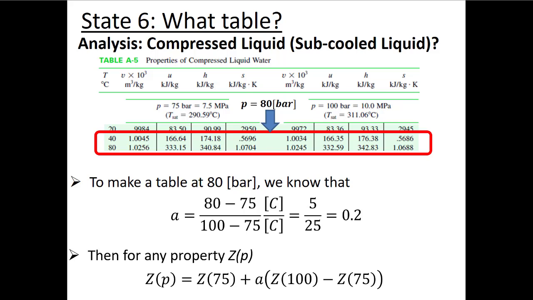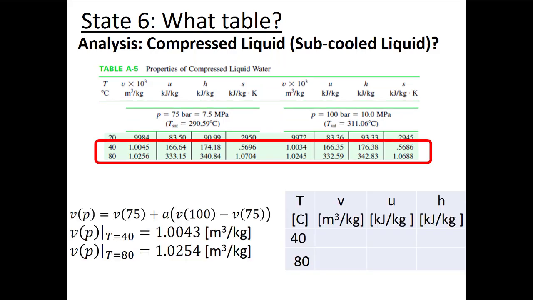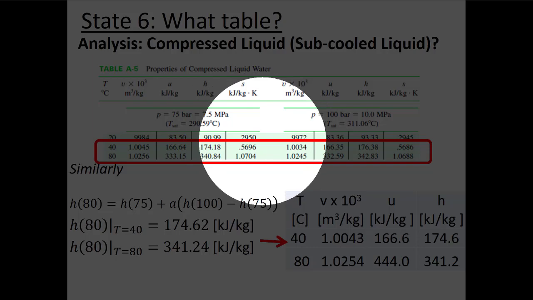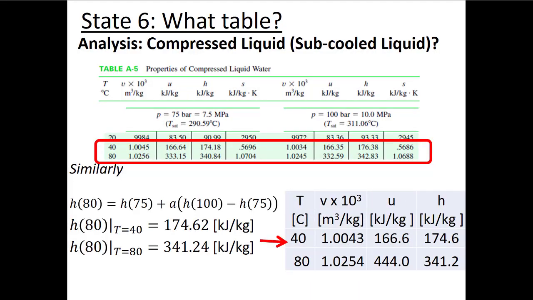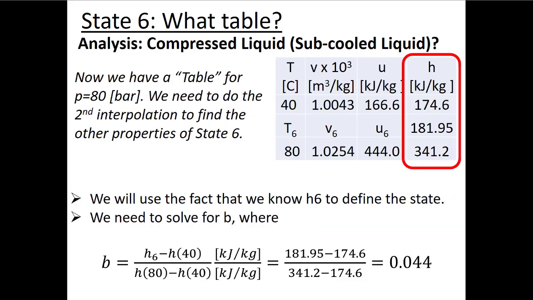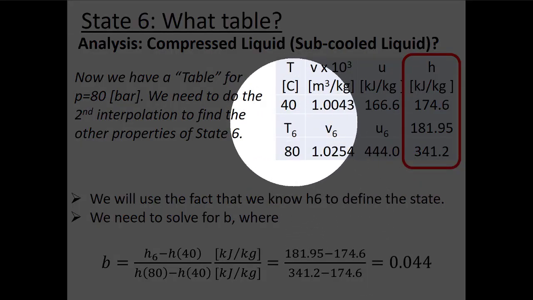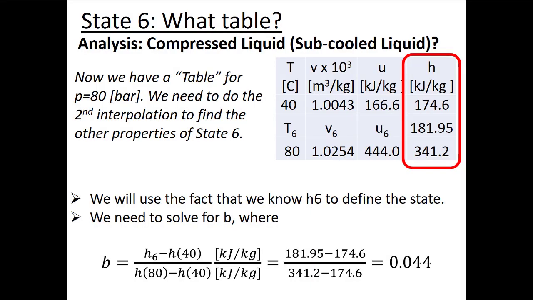Right? So we went through this and we figured out how to do this. We felt pretty good about ourselves. We did this double interpolation. We made this extra table, right? Here we made our own table at this intermediate pressure. We filled in some values, so that we got our first interpolation with pressure, but then we wanted another interpolation with temperature, because the temperature that we wanted was in between 40 and 60, right?